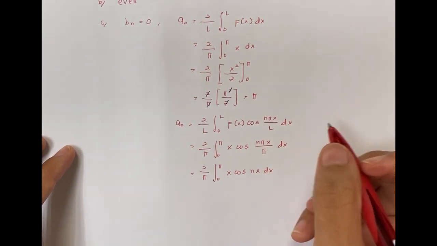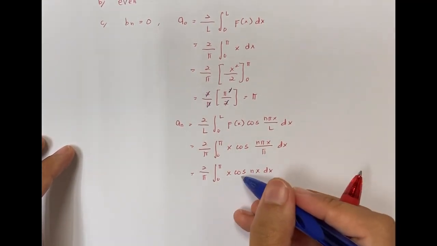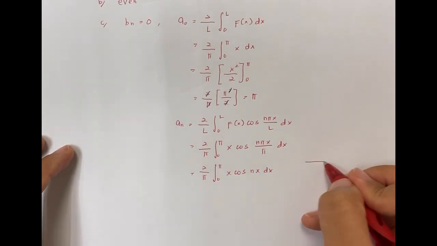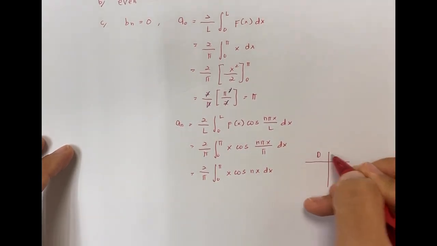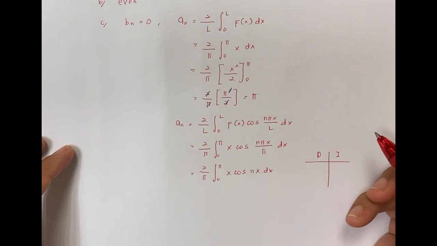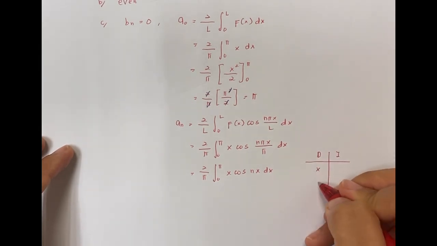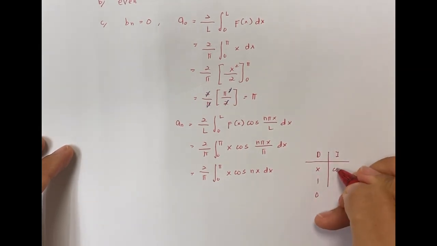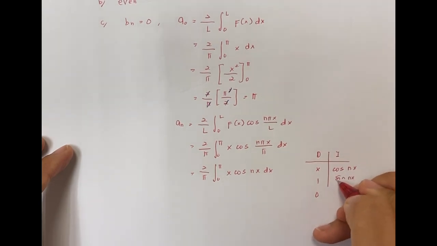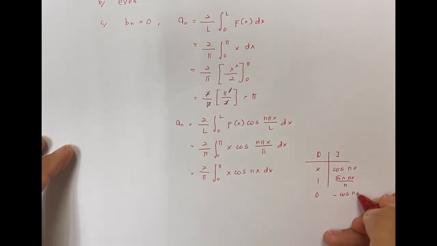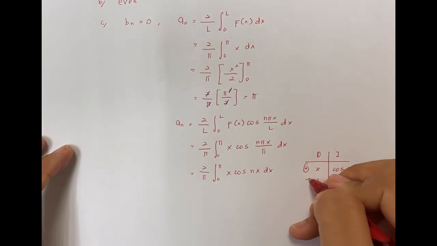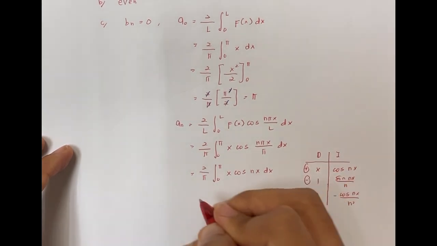Okay, as usual, since you have x and cos n x, do the tabular method, D and I, and then solve for the last answer. So x, 1 and 0, cos n x, sine n x over n, negative cos n x over n square. Plus minus plus.